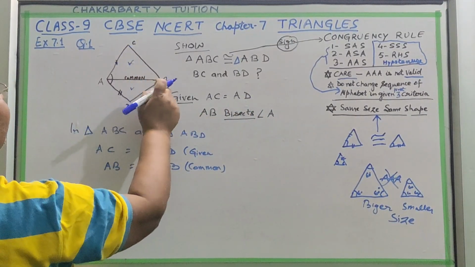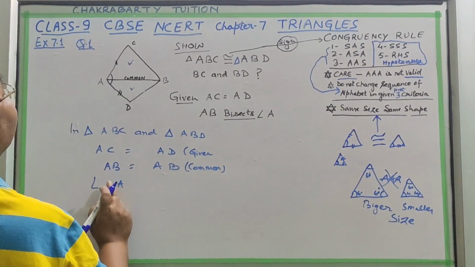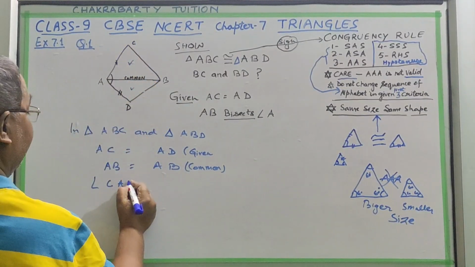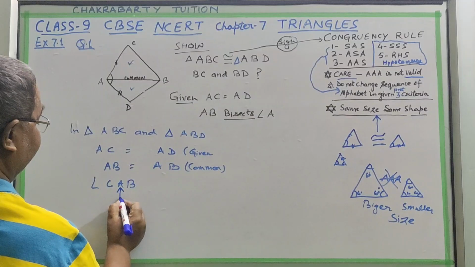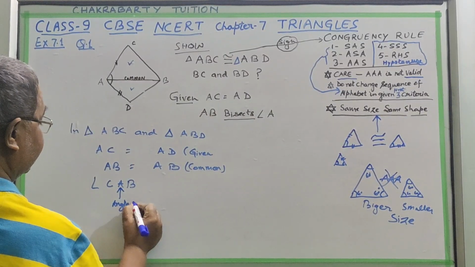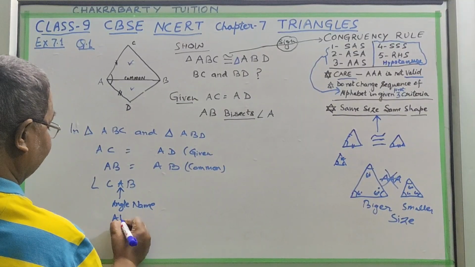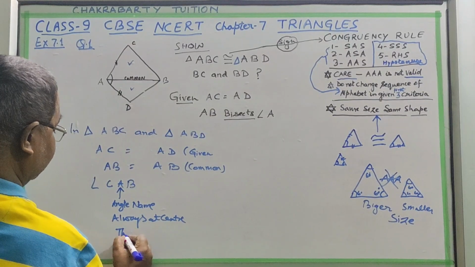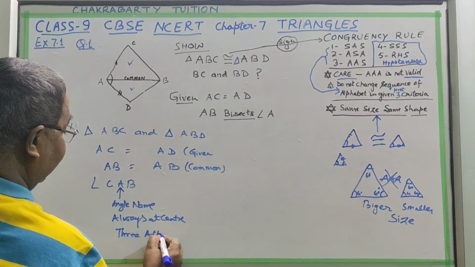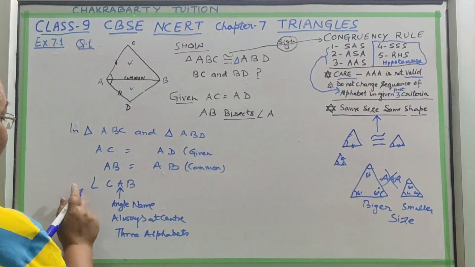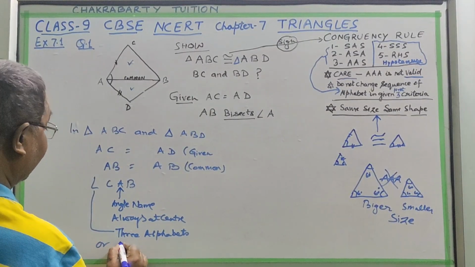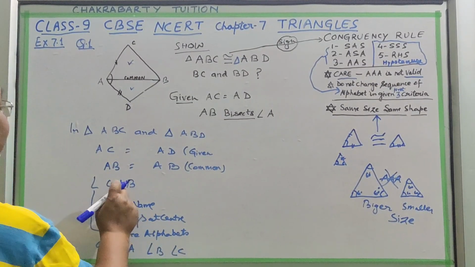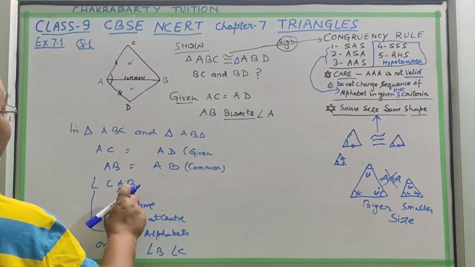AB bisects, so angle CAB. The angle's name should always be in between, it remains always at the center, and three alphabets are used to show an angle. Or we write angle A, angle B, angle C. But here angle A is bifurcated, so you have to write the angle's name also.